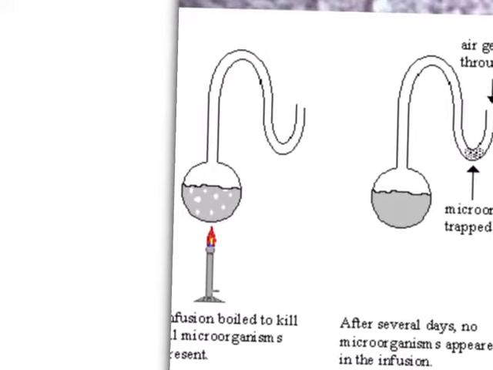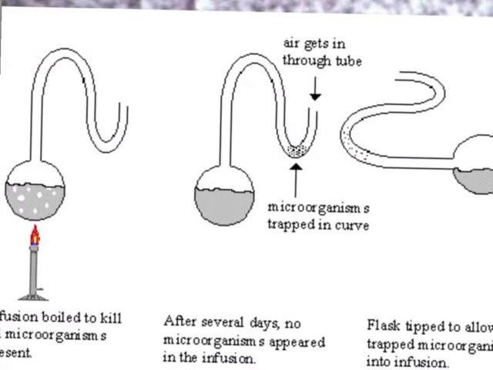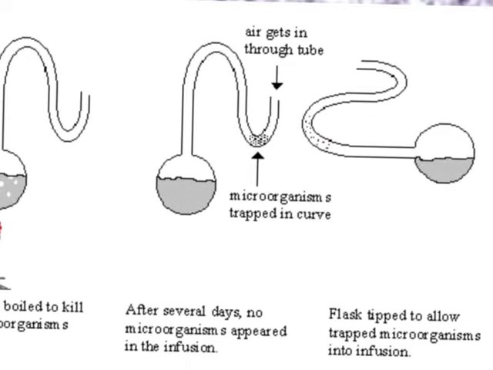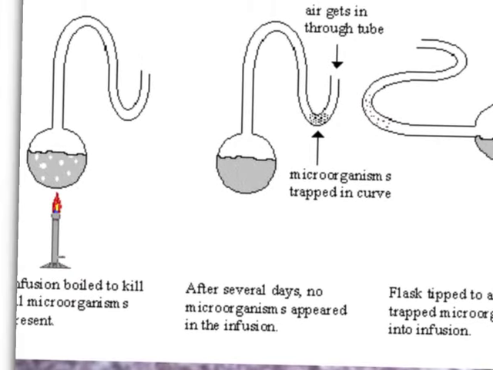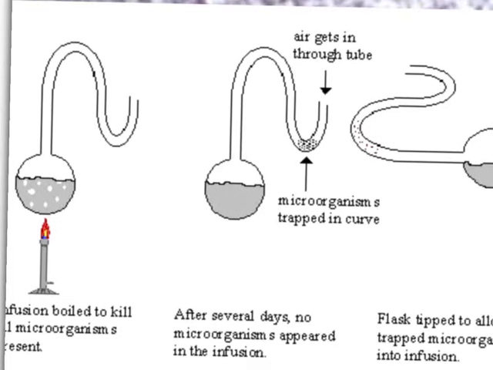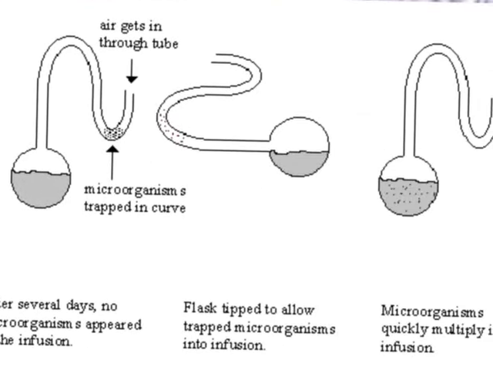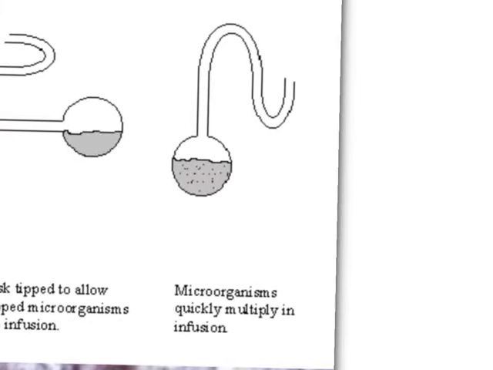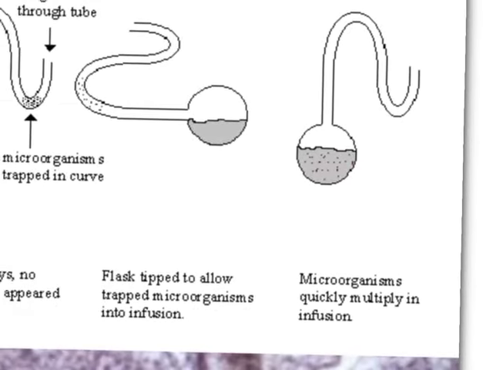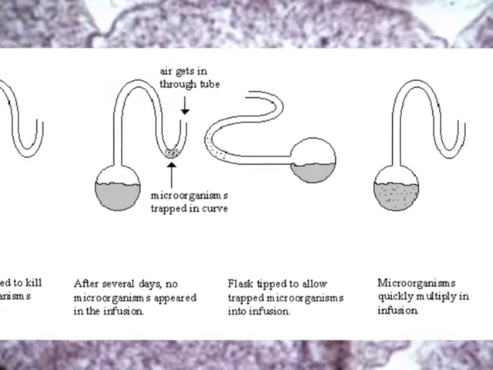That's the first thing he did, killing off anything. Microorganisms were trapped because they couldn't get through, but air could get through. Now, they said, well, you killed off everything in here that allows life. So he tilted it. Tilting it allowed the spores to get in there. We see microorganisms forming in there. So it's a very simple experiment to test the spontaneous origin hypothesis.